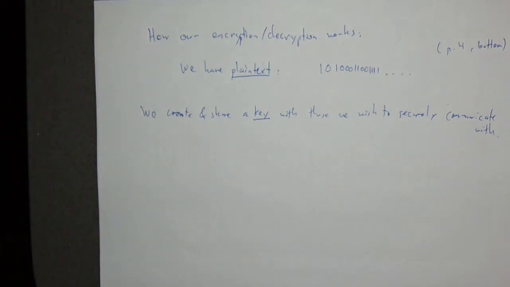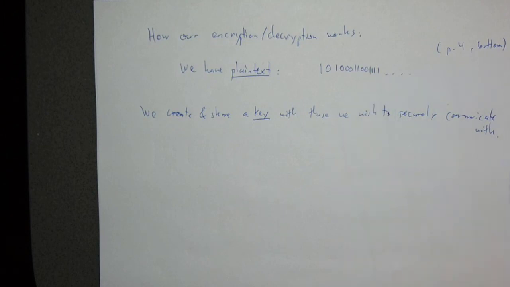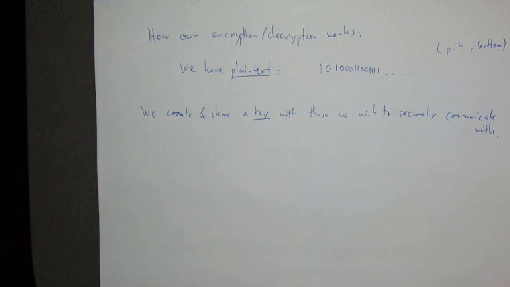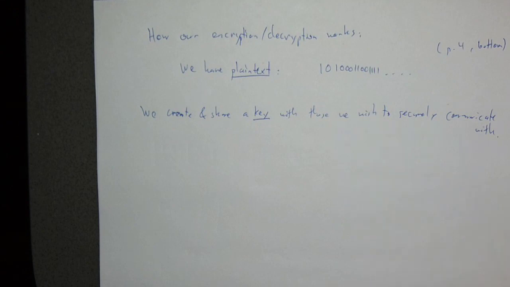This key will allow the people that we want to be able to decrypt our message after we've encrypted it. So we have plain text we want to send. We encrypt it, we send it. Then the person that we want to send it to has the key. They use that key to decrypt the message.